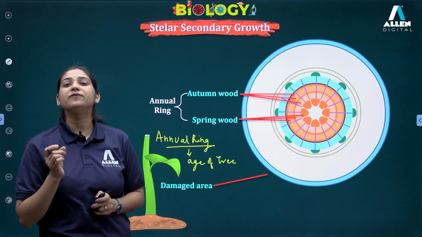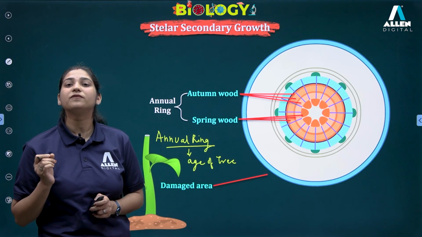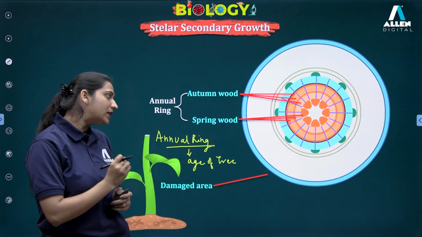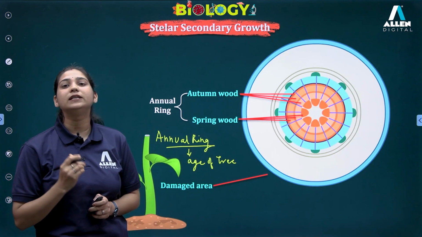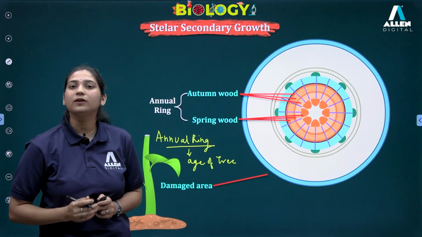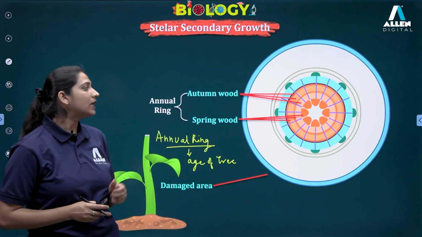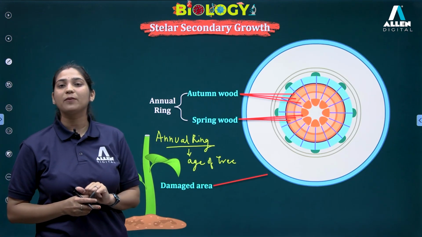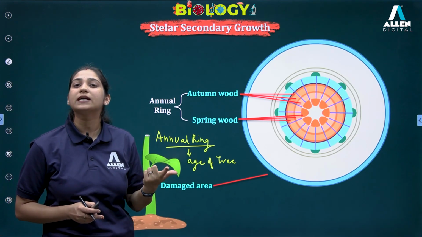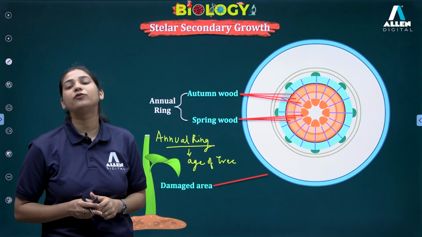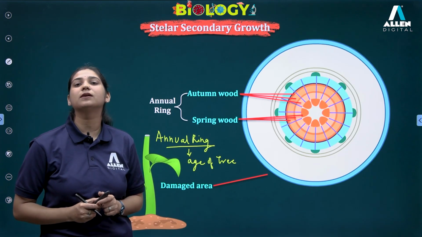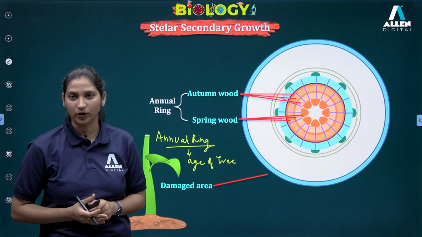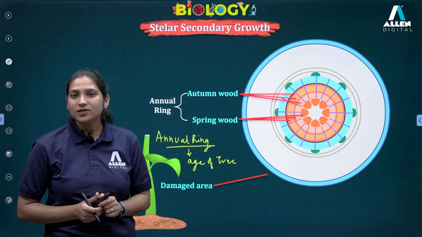Because of differential activity of vascular cambium in spring season and autumn season. In spring, the activity is high. The second thing which we can observe here is that the activity of vascular cambium is more towards inside. That leads to formation of more amount of secondary xylem as compared to the secondary phloem. So I hope you understood it well.